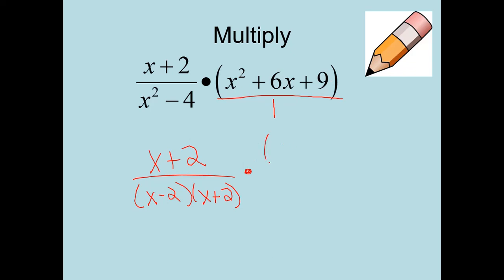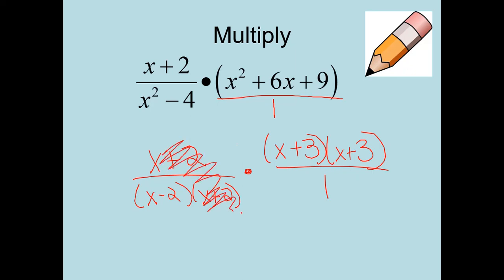Top of this fraction looks like it's x plus 3 and x plus 3. And then I have a 1 down there. The x plus 2s are going to cancel out. So on the numerator, I am left with an x plus 3 squared, technically, and an x minus 2 on the bottom for my final answer.